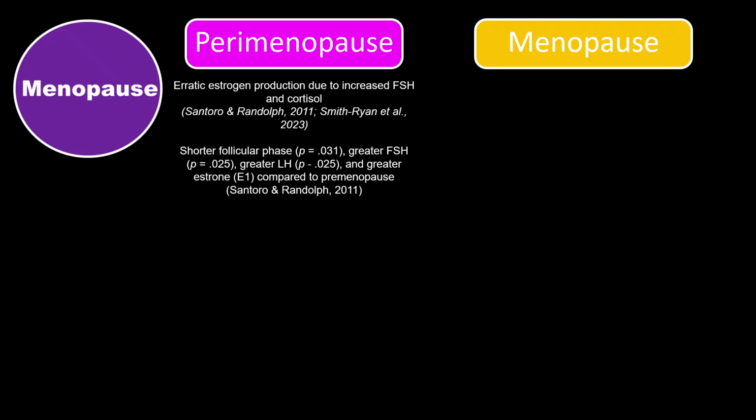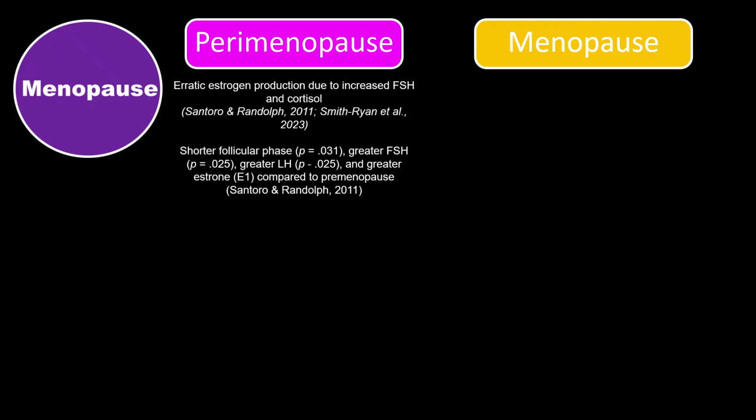Perimenopause is marked by erratic estrogen production that is happening because FSH and cortisol levels are spiking. There's also a shorter follicular phase, greater gonadotropin secretion, and greater estrogen compared to what is experienced in premenopause.